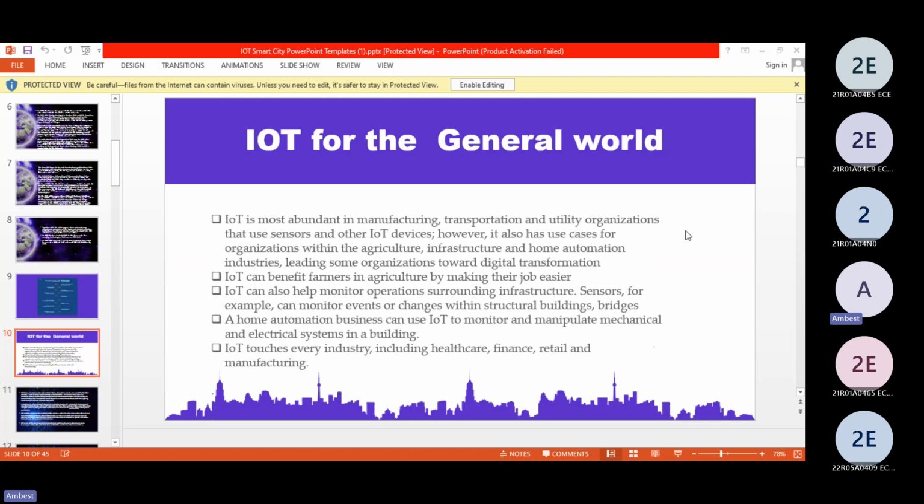The next is analysis and applications, which generate business information from raw data.